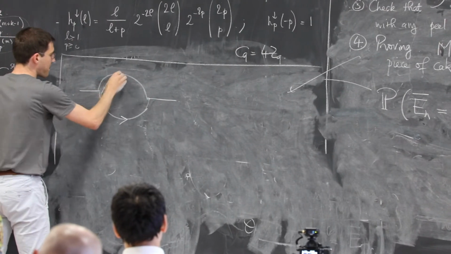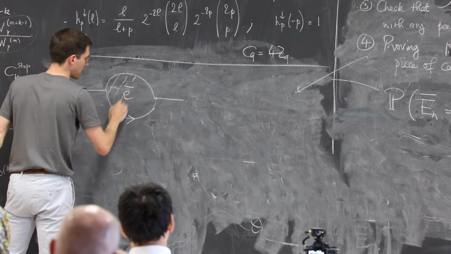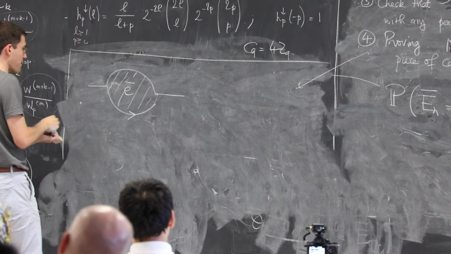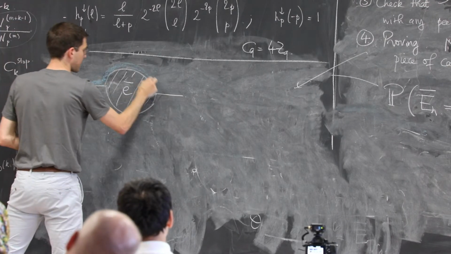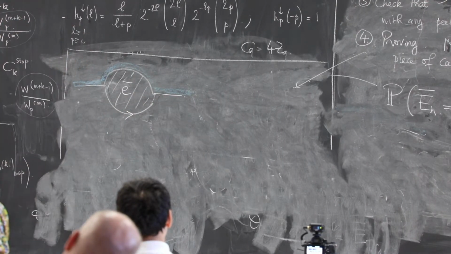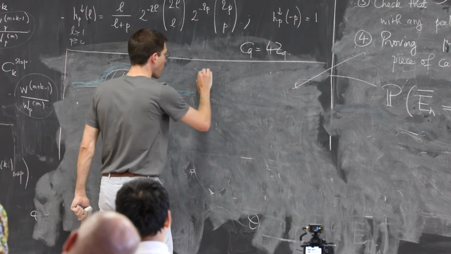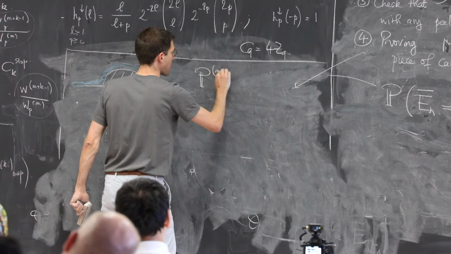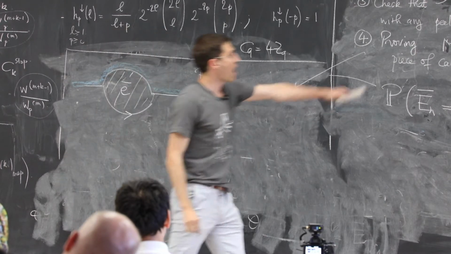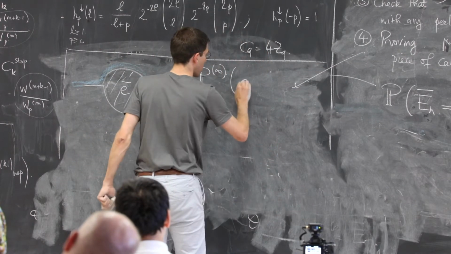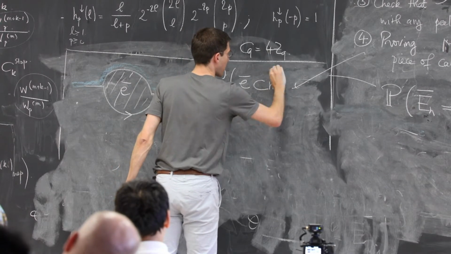Fix some submap E bar. So some submap like that. And let's compute what is the probability inside my map of the half plane that E is a submap of M.